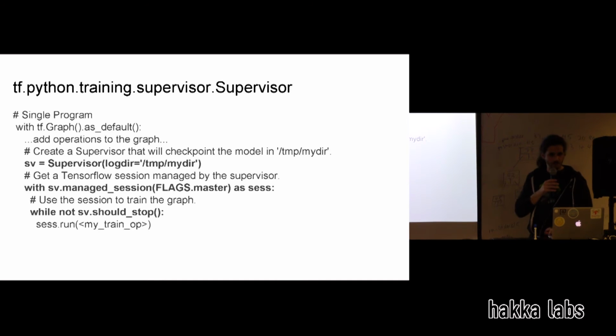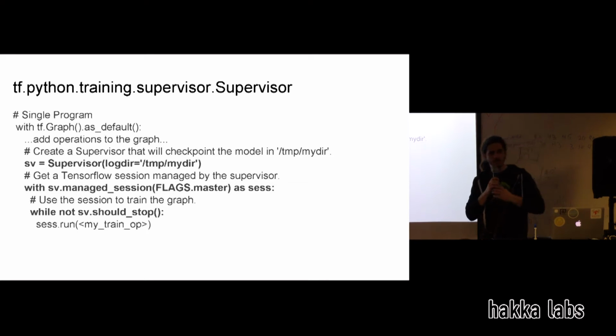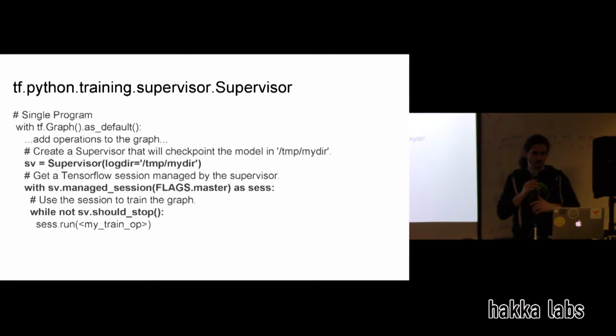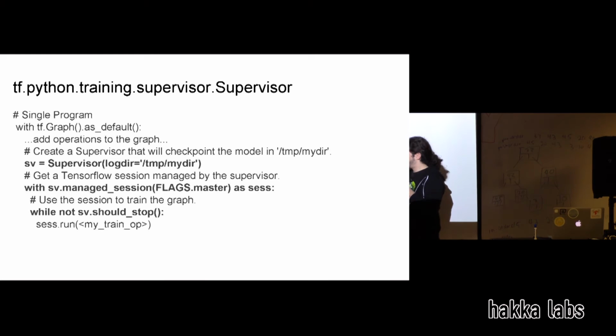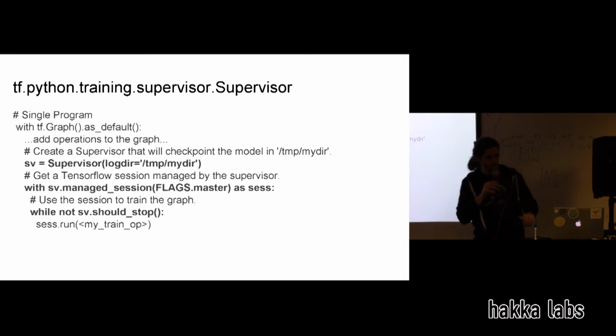And the other object that is very good is the supervisor. And this also sets up a session manager inside. So it also handles some other things when you are using a distributed graph. So if for some reason one of the nodes crashed and it cannot recover, it will shut down gracefully.